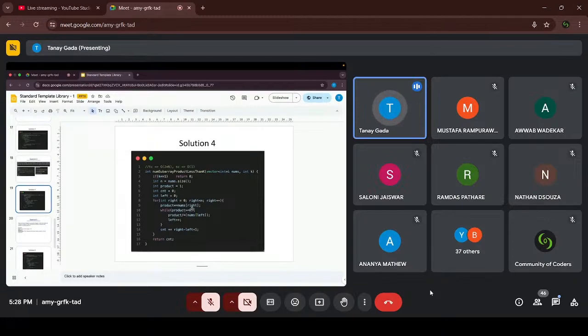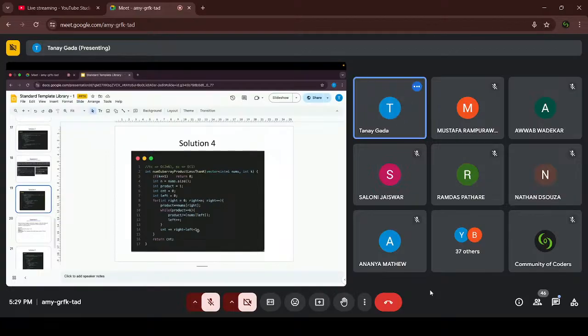If it is greater than or equal to 100, we need to decrease our window size. So we increment the left, and while incrementing the left, we need to divide by that element, like we need to remove that element from the window, and then we increment the count by right minus left plus 1.